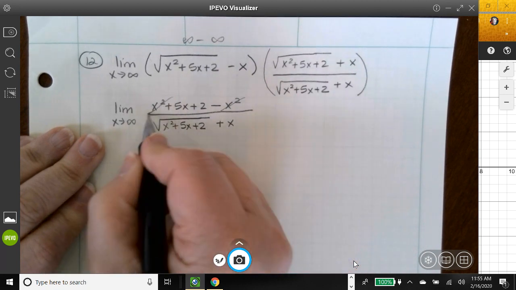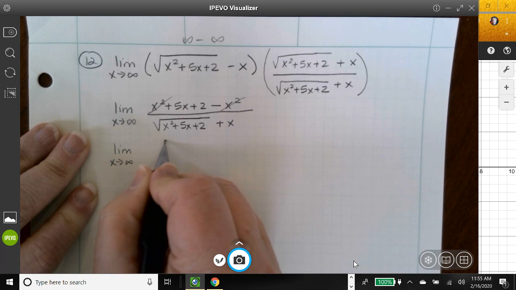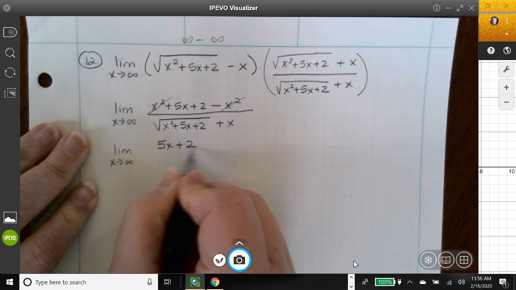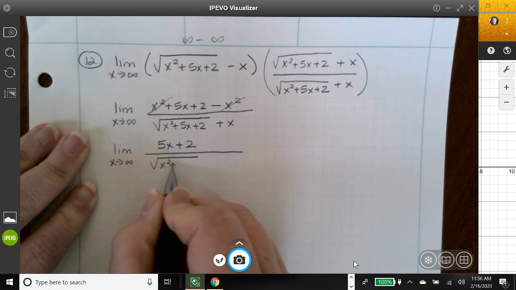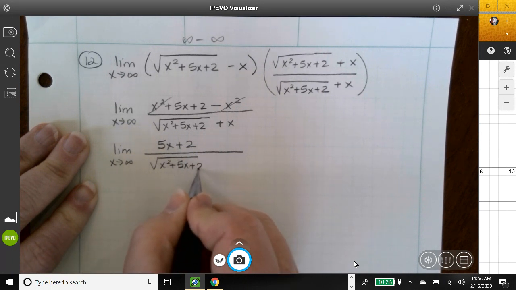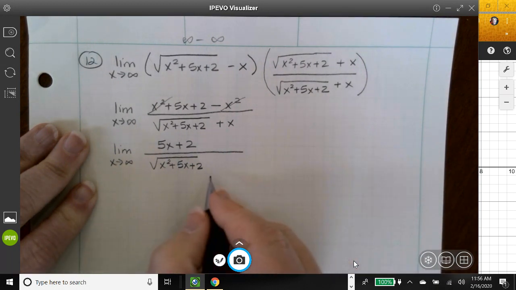And the x squareds cancel, and I'm left with the limit as x goes to infinity of 5x plus 2 over the square root of x squared plus 5x plus 2 plus x.